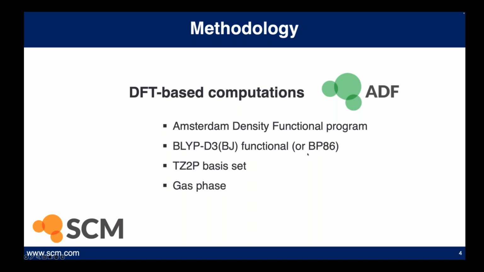In the older work, before the Grimme correction, a lot of things have been done with BP86, and BP86 is quite a good functional also for hydrogen bonding. A TZ2P basis set, and most of the work which I show here is in the gas phase.